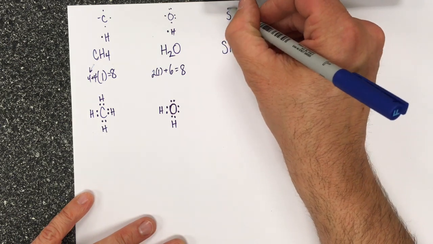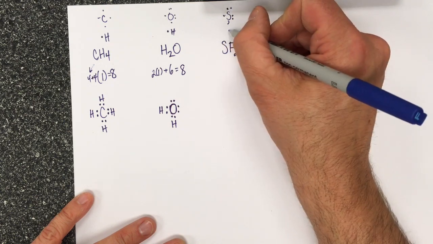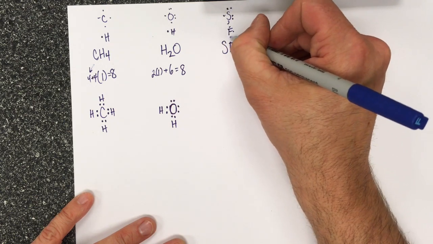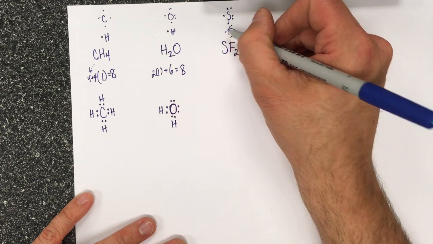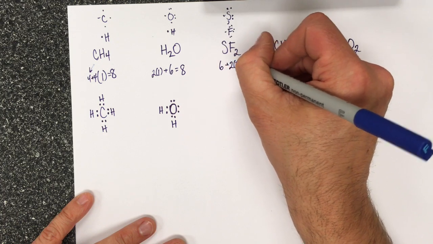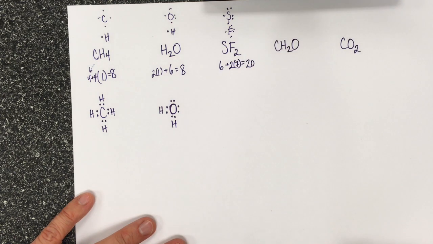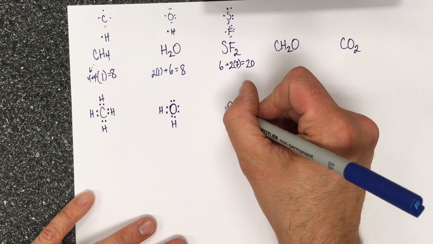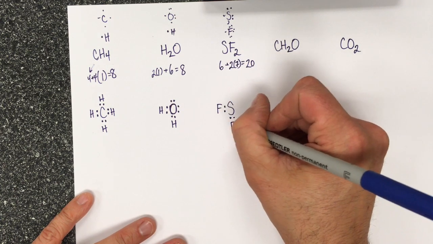This one, sulfur, is in the same group, group 16, as oxygen, so it has 2 bonding electrons. Fluorine has more valence electrons, but it only has 1 bonding electron. So sulfur has 6 plus 2 times 7, so that gives us 20 valence electrons for sulfur difluoride. Sulfur is my central atom, so I put a bond between sulfur and a fluorine, and sulfur and the other fluorine.